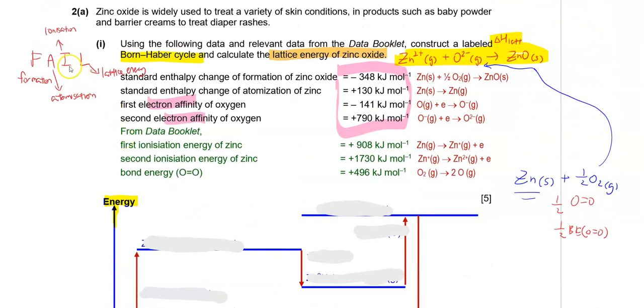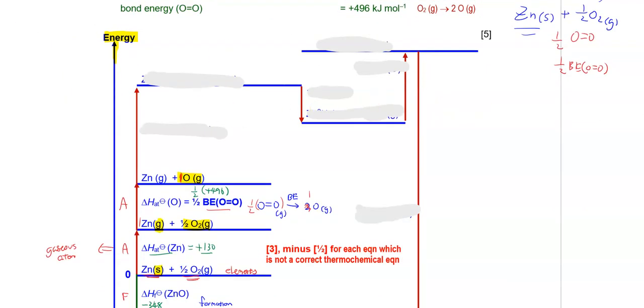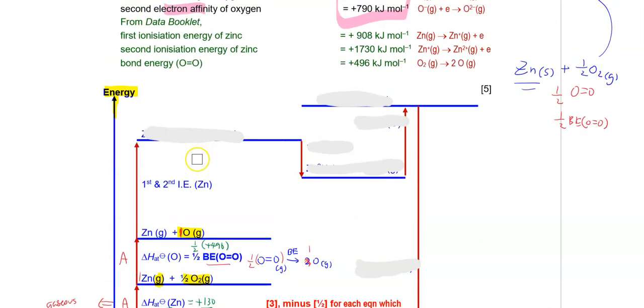Now after I form gaseous atoms, I now form gaseous ions. So I need to form ions for both Zn2+ and O2-. So first of all, I can consider IE. Now I can combine steps that are similar into one step. For example, first and second IE. So first and second IE of zinc, basically you're removing 2 moles of electrons from the zinc gaseous atom to form Zn2+ gas, 2 electrons, and your oxygen atom remains.